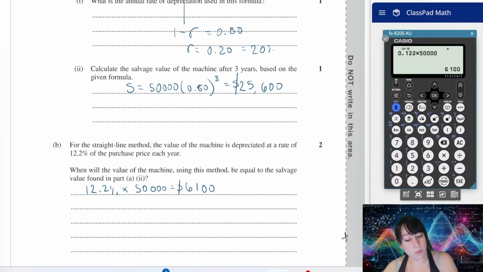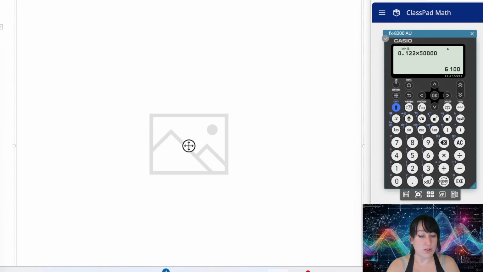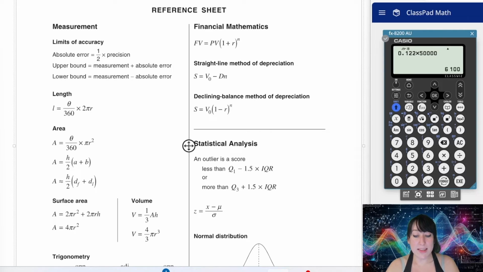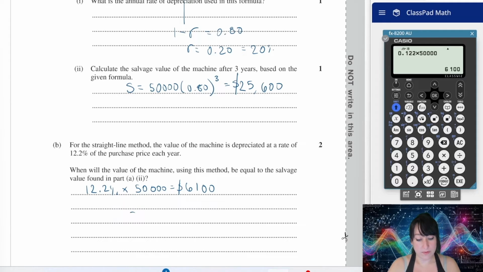Now, when will the value of the machine using this method be equal to the salvage value found in part A2? So if we go to our reference sheet, we can see this straight line method as well. S equals V naught minus Dn. Remember that S is salvage value, V naught is initial value, D is the depreciation per period, and N is the number of periods.